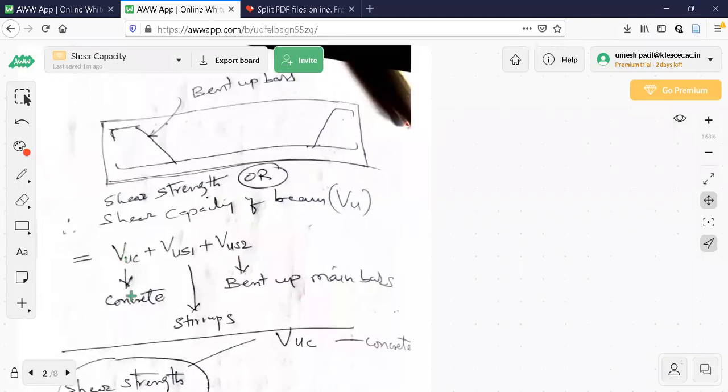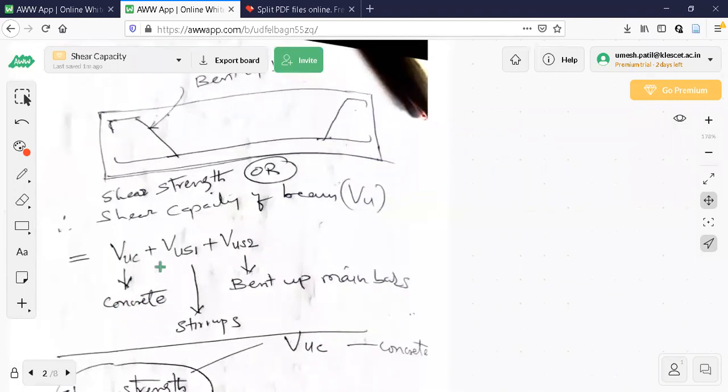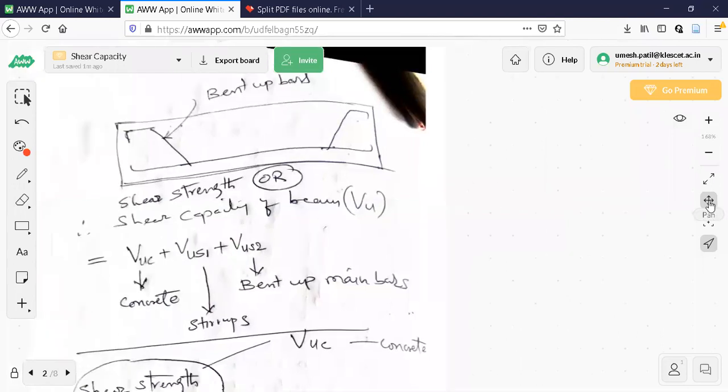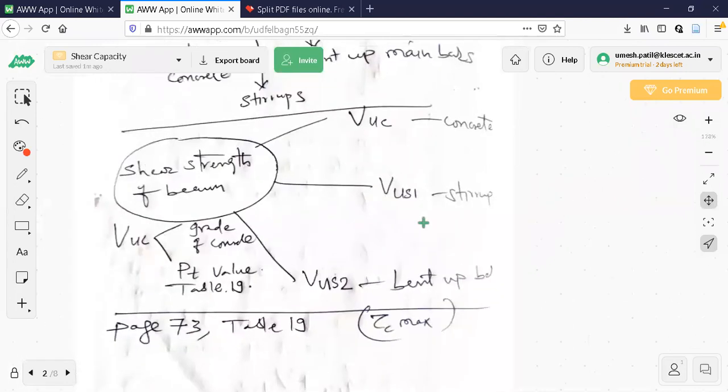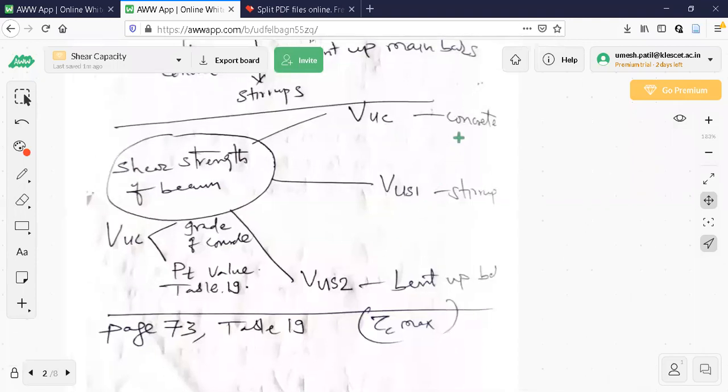If the reinforcement is not there, how much will be the shear strength of the concrete alone? This is due to stirrups. This is due to bent up main bars. So the shear strength of the beam is the sum of VUC, VUS1, VUS2: concrete, stirrups, bent up bars.